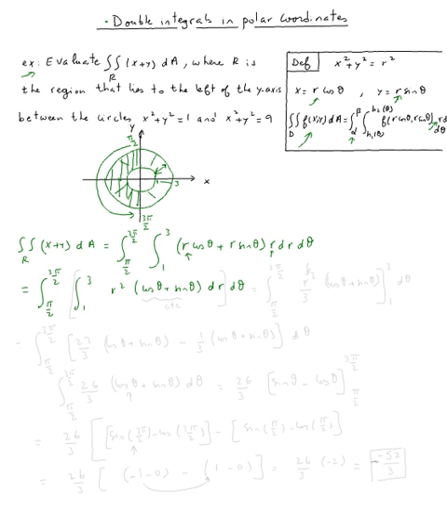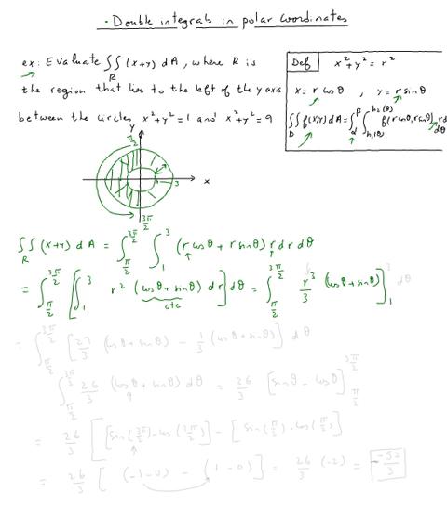The reason I didn't distribute is that we're taking this integral with respect to r, so this is considered a constant. So that would be equal to, going from pi over 2 to 3 pi over 2, r cubed over 3, but cosine of theta plus sine of theta is a constant, we don't do anything to it.